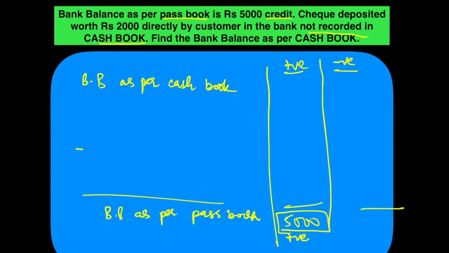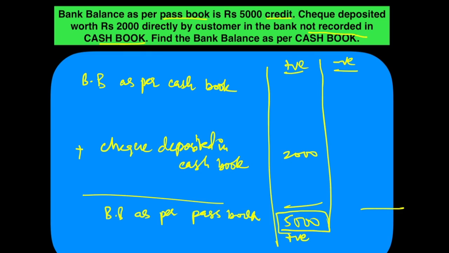Now we have check deposited worth rupees 2000 directly by the customer in the bank, which means that 2000 rupees is already added in this particular figure of 5000, but it has not been recorded in the cash book. So we need to record it in the cash book. So what we are going to do is add check deposited in the cash book as 2000.